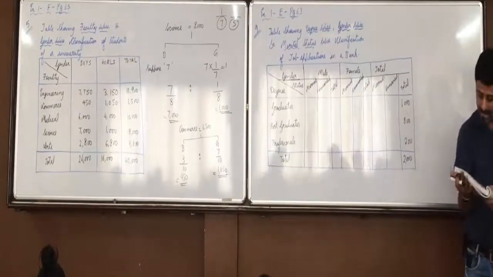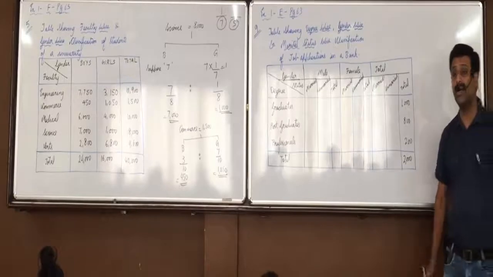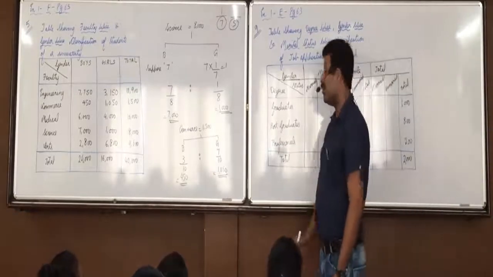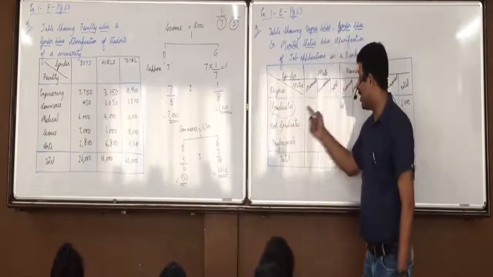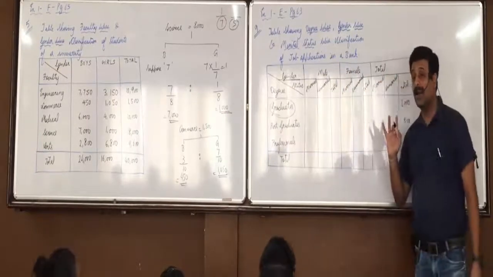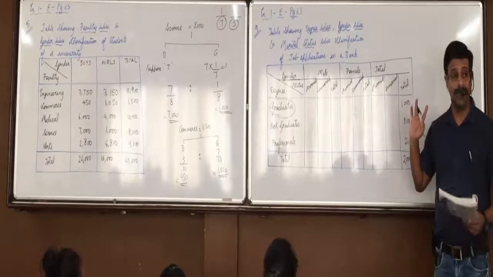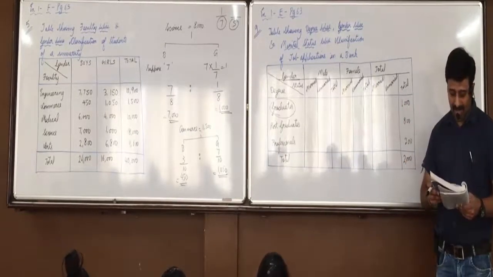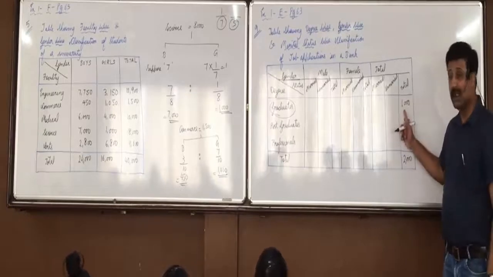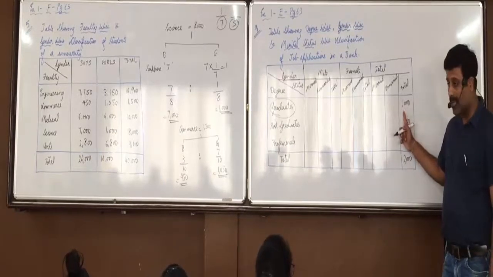Now further. Among the graduates, now be attentive, all of you. Among the graduates means right now we are doing only this row. Everything will come in that row only. Among the graduates, 60% were males. How many graduates are there? 1,000.